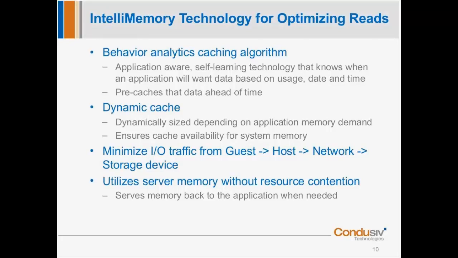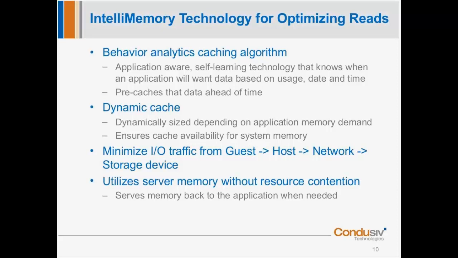Through the use of an internal system monitoring technology, IntelliMemory is aware of what files and IO traffic patterns make up the bulk of the IO requests, and dynamically allocates a portion of unused virtual memory. Now, depending on your platform configuration, it can use between 256 megabytes all the way up to as much as 24 gigabytes for its read cache.